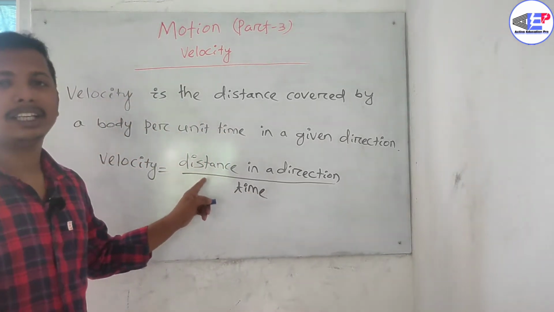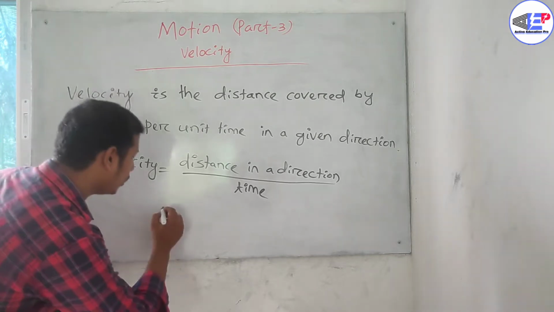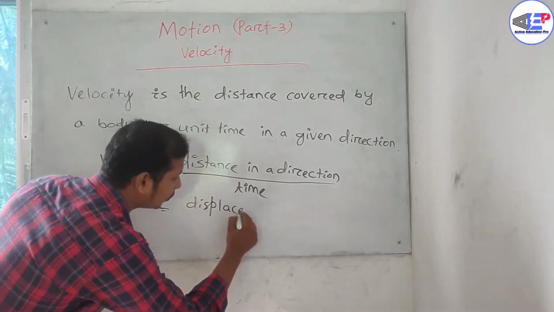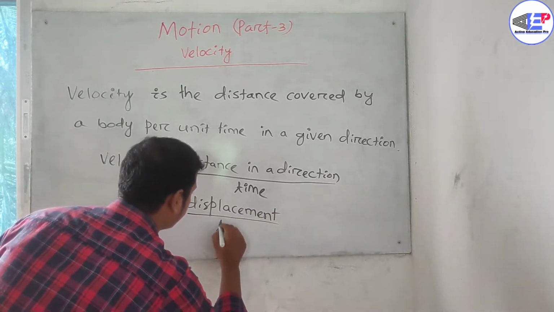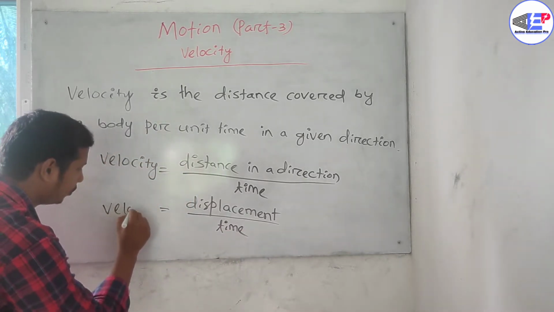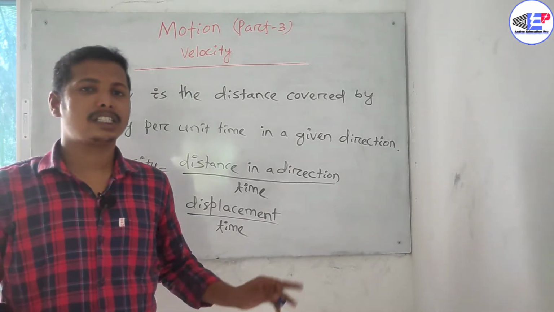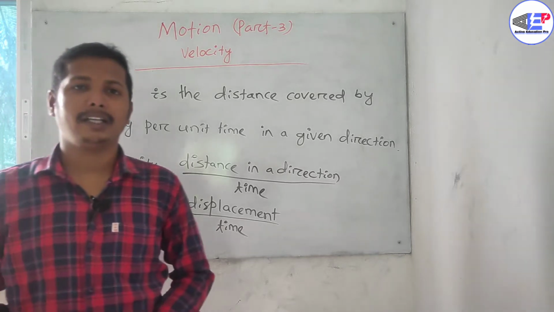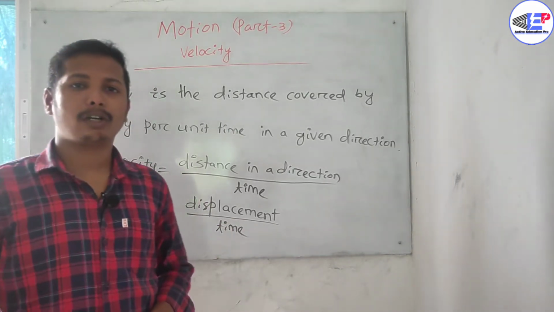This distance in a given direction is called the displacement. So velocity is defined as the displacement per unit time. Velocity is a vector quantity as it depends upon displacement, which is a vector quantity.